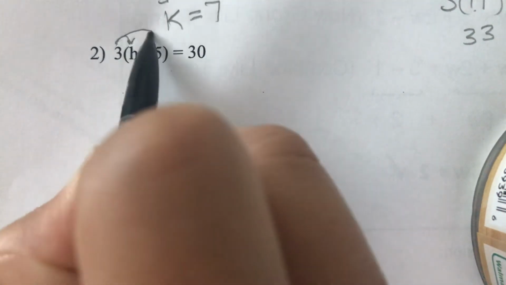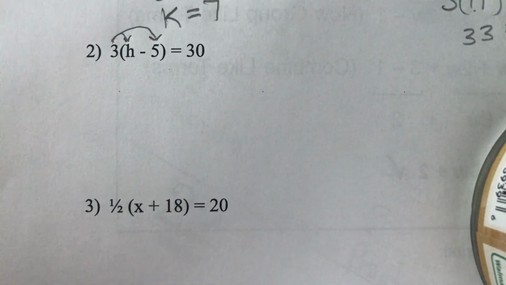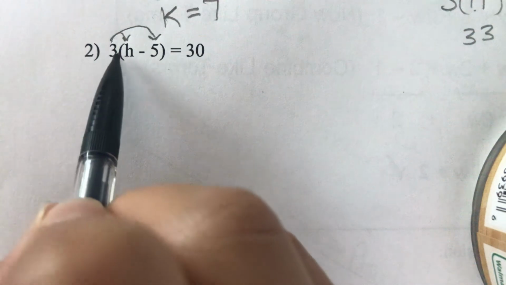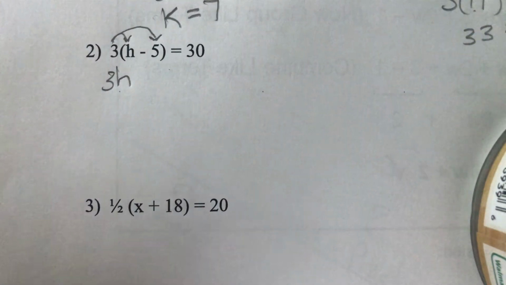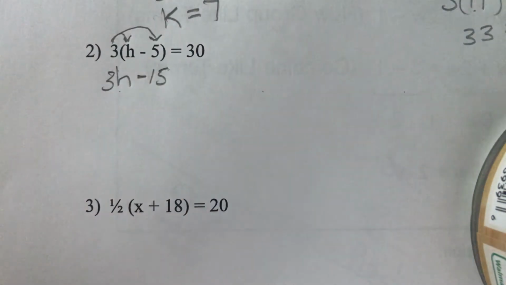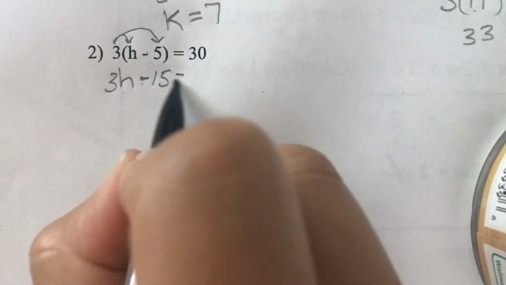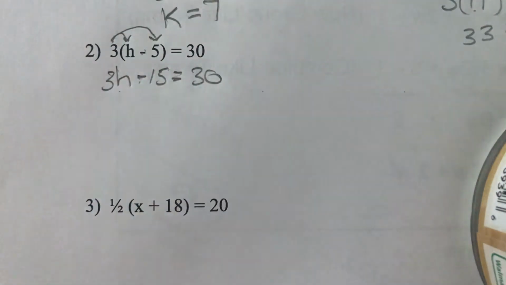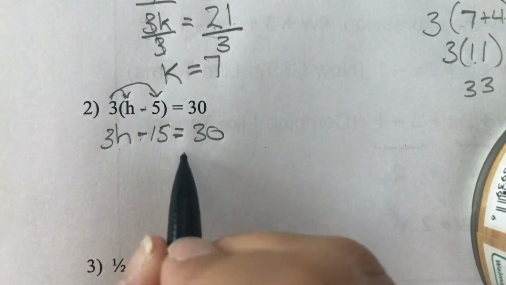At any point when you are feeling ready, you pause it, try one on your own, and then check it. 3 times h is 3h. 3 times 5 is negative 15. I say negative, I brought down the subtraction sign, equal to 30. It's a 2-step.